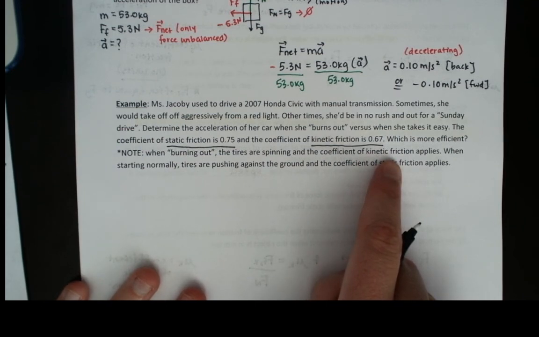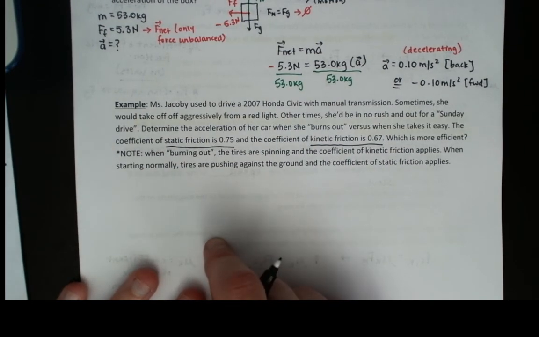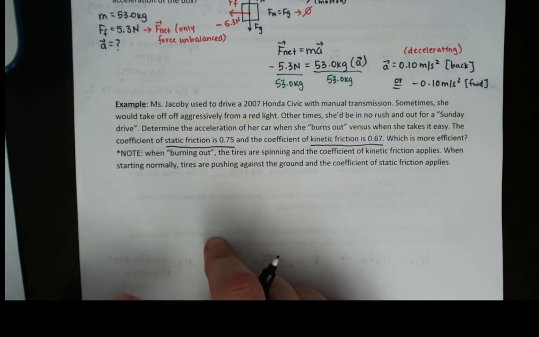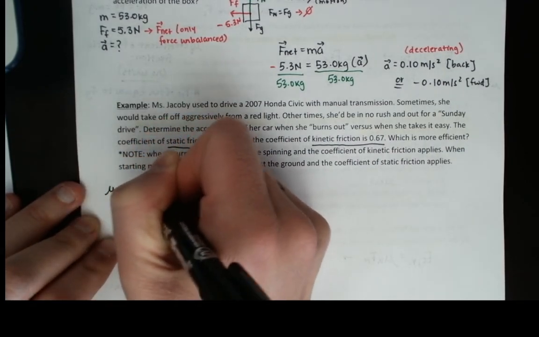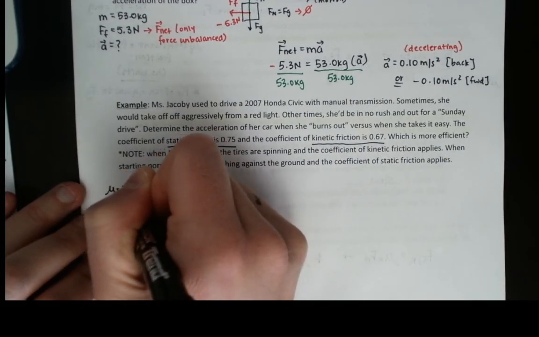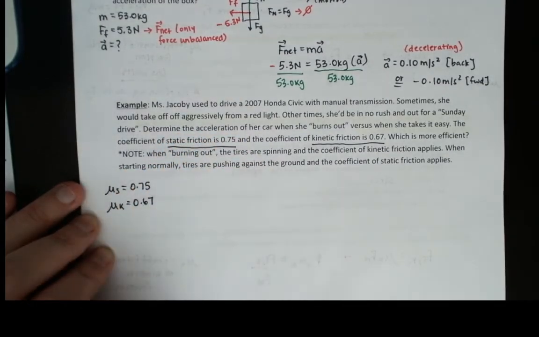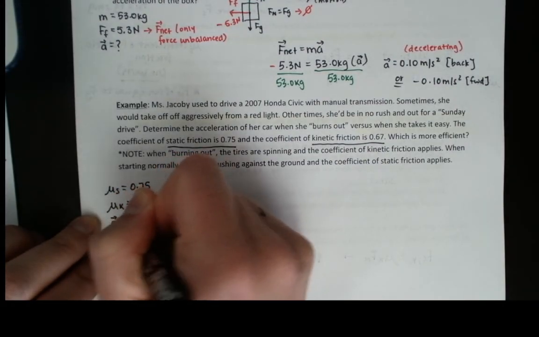But when starting normally, the tires are pushing against the ground, and we're going to use the coefficient of static friction. So let's write our information. The coefficient of static friction is 0.75. The coefficient of kinetic friction is 0.67. We're looking for acceleration.